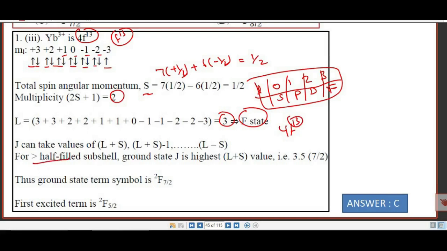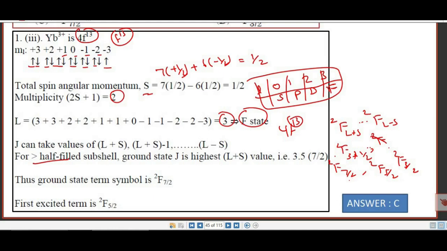So you will get the term symbol F, multiplicity 2, with J from L plus S down to L minus S. L is 3 plus S, which is 1/2, giving 7/2, 5/2.